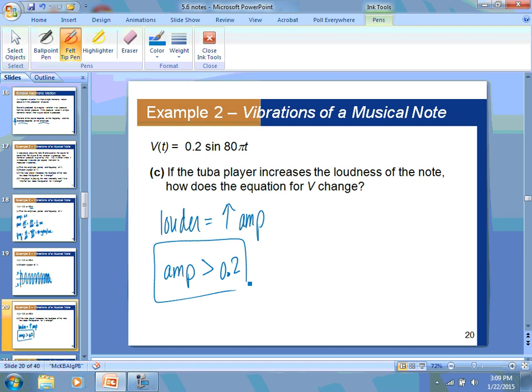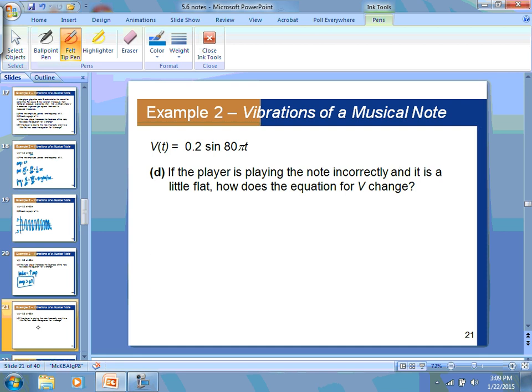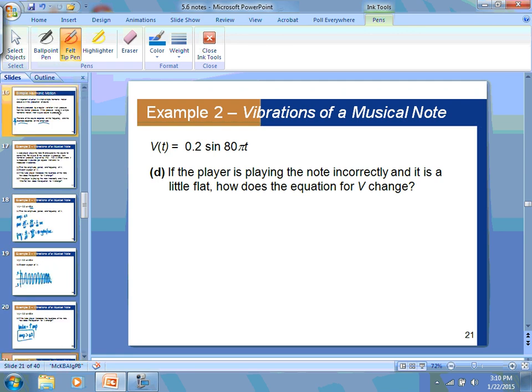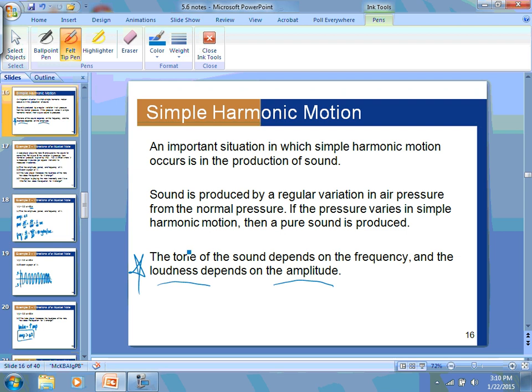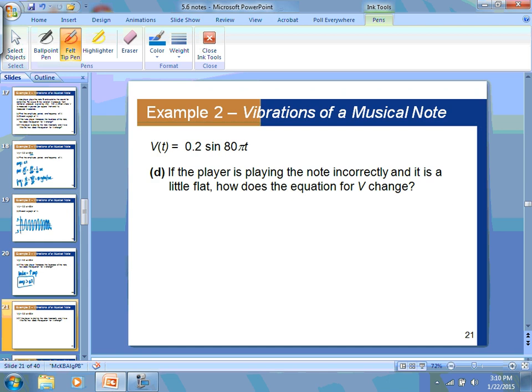And then for part D, it says if the player is playing the note incorrectly and it's a little flat, how does the equation for V change? So again here, the tone or the sound depends on the frequency. So if it sounds flat, that's going to affect our frequency.